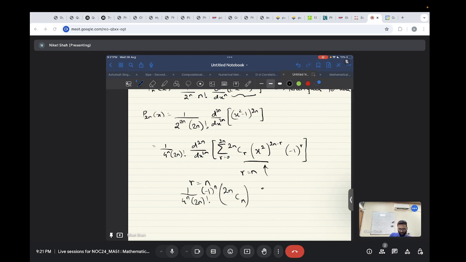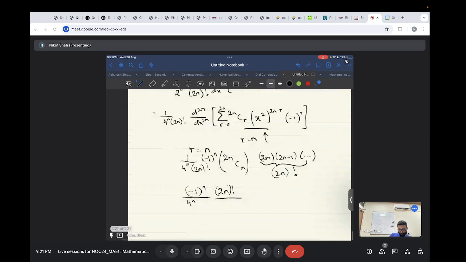So it's going to be 2n, 2n minus 1, and so on up till 1. So it is going to be 2n factorial basically, and that gets cancelled out. So minus 1 raised to power n divided by 4 raised to power n, 2n factorial divided by n factorial into n factorial.